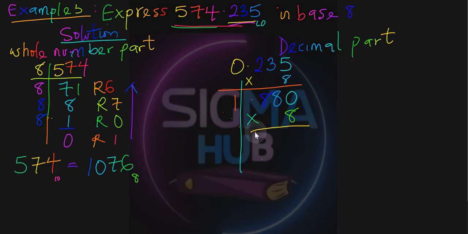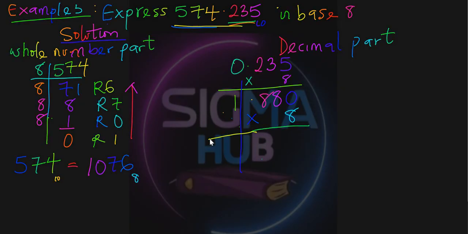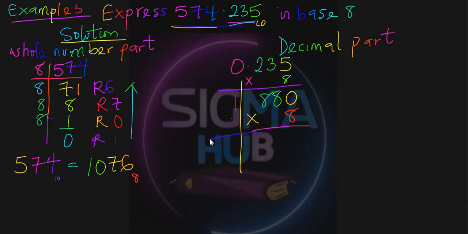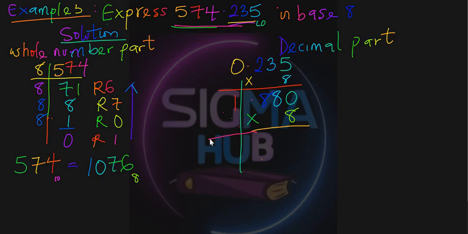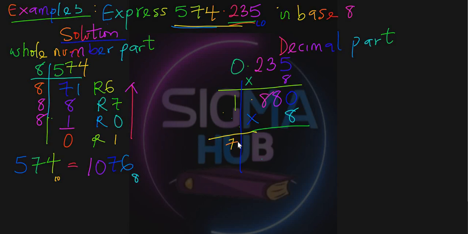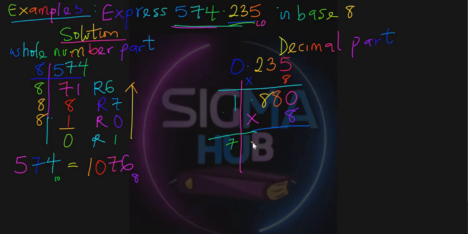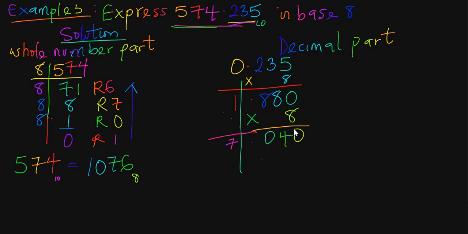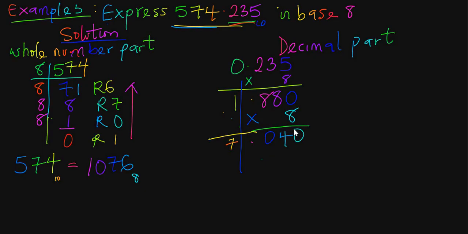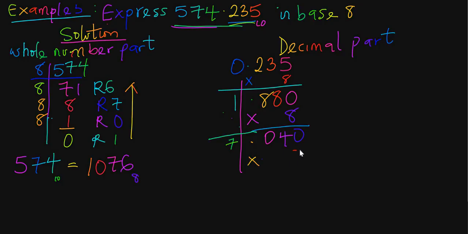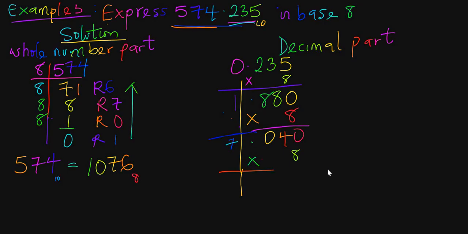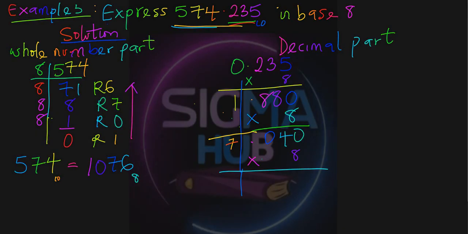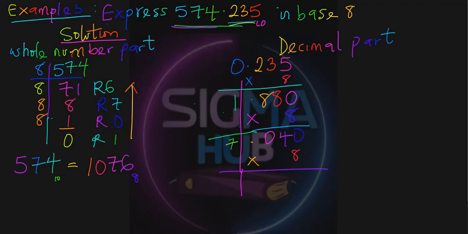When we multiply by 8, it's going to give us 7.040. So let me write the whole number part outside as 7. Then 0.040. Then we keep multiplying by 8 again, which is going to give us 0.320.